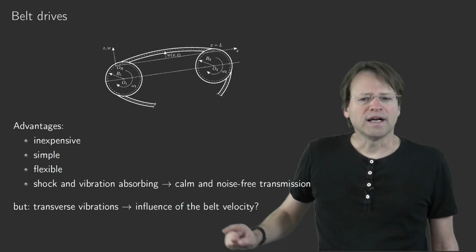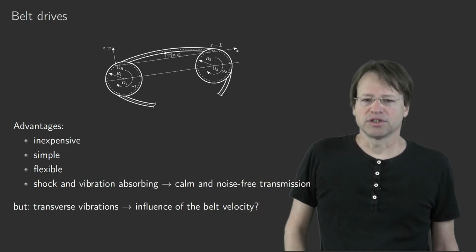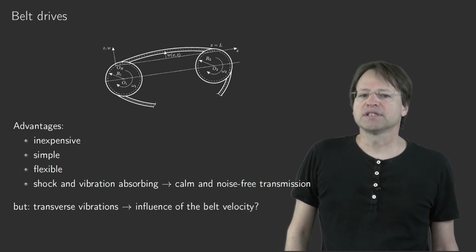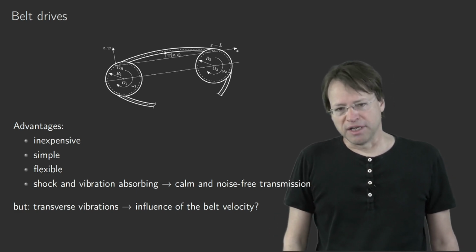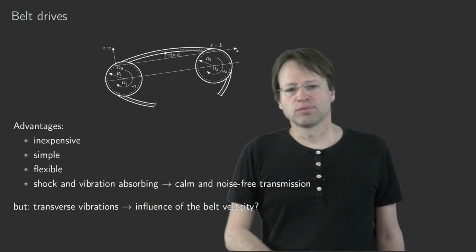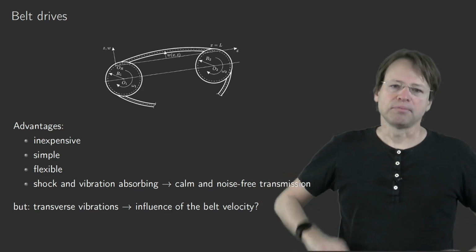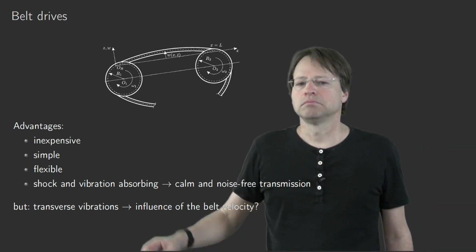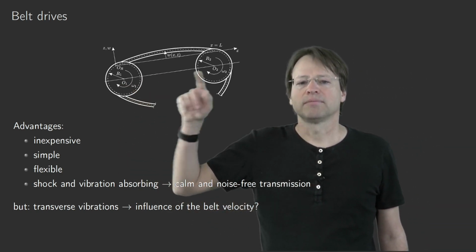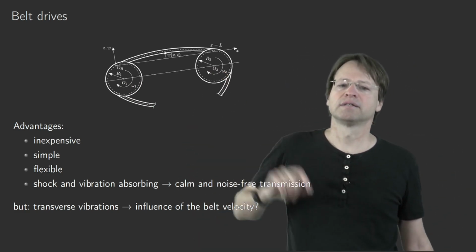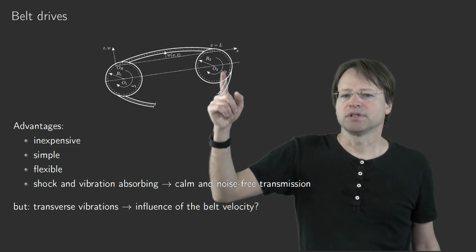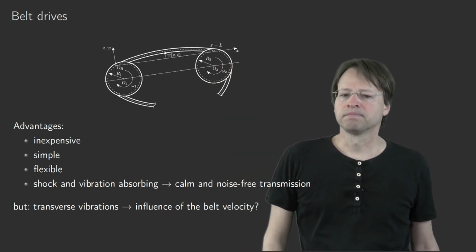Okay, so what are these transverse vibrations? Well, we will see that there are two sources for these transverse vibrations. The first one is string vibrations, due to the fact that there must be a certain force, a pre-stress on that belt, otherwise there would be some kind of slip at the wheels.